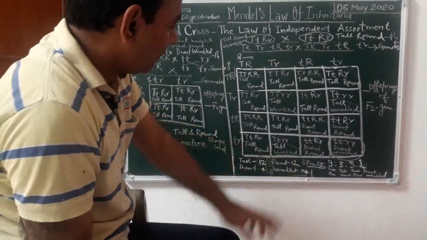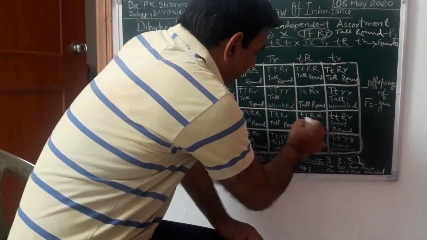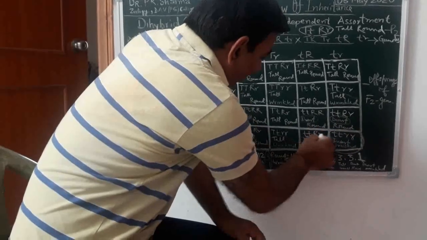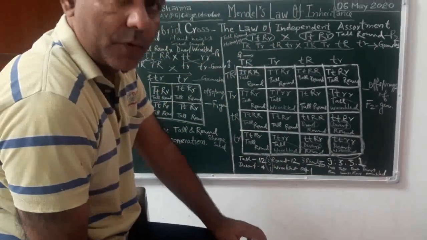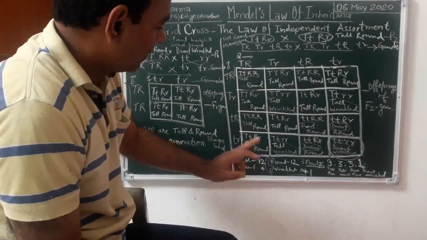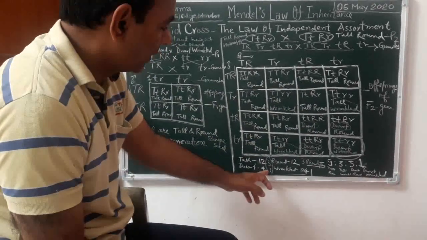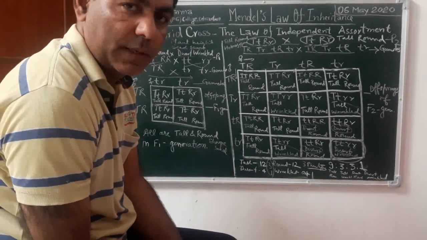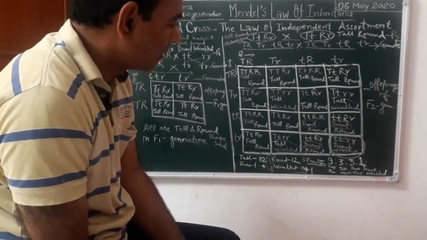And this is the dwarf, and dwarf. Only 4 plants are dwarf, and the remaining 12 are tall. So the ratio is the same, 3:1, as we got in the monohybrid cross.